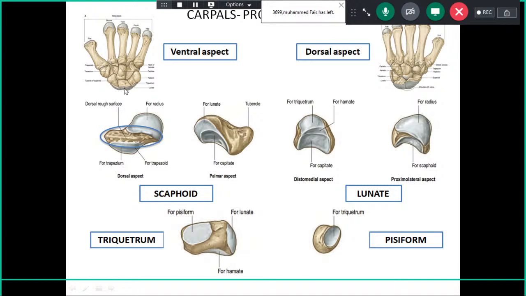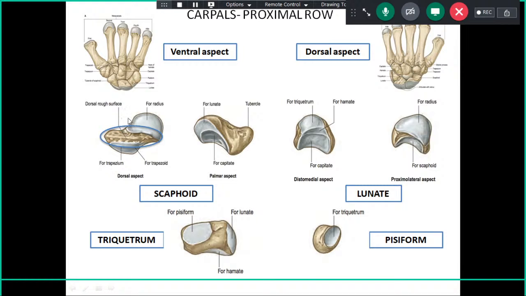A different structure that I am finding over here: this is the surface of the scaphoid which will be articulating with the radius as a part of the wrist joint, and on the ventral side it would be articulating with both trapezium and trapezoid. What I highlighted here is the waist of the scaphoid. Can you appreciate the numerous vascular foramina here?